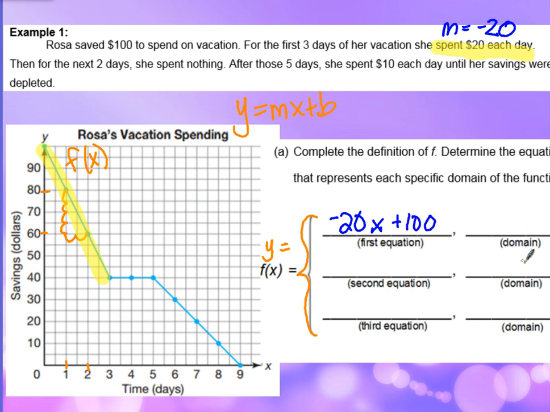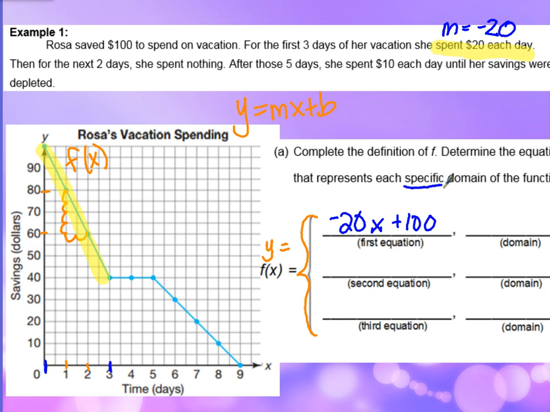Now over here where it says domain, we need to specify where this linear function is occurring. Because remember, we're not talking about the entire line. It's only happening over a certain domain. So remember, domain is our x values. So this line here, or this piece, is occurring where x is 0 to where x is 3.